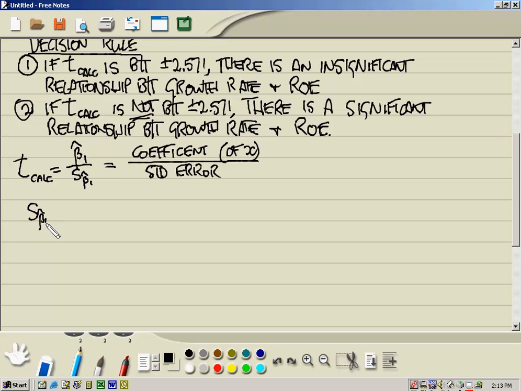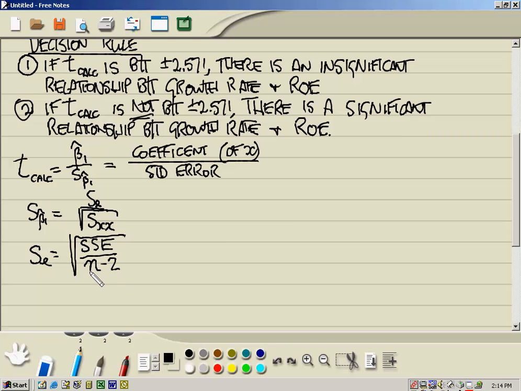Alright, S of beta hat 1 is a concept that we've talked about before but not calculated or given a formula for. It's S of E, the standard deviation of the errors, divided by the square root of the sum of squares of x. S of E, standard deviation of the errors, is the square root of the variance of the errors, being the error sum of squares divided by the n minus 2 degrees of freedom.